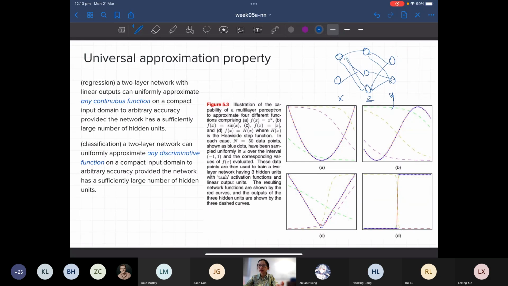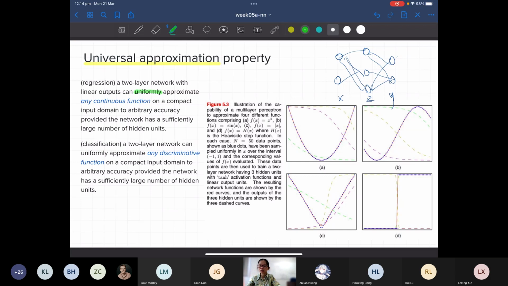This is good because such a simple structure can universally approximate any function, which is a very powerful statement. Of course, there's a bit more nuance about this. The criterion for universal approximation is what is called uniform convergence, meaning the maximum discrepancy between two functions shrinks to 0.